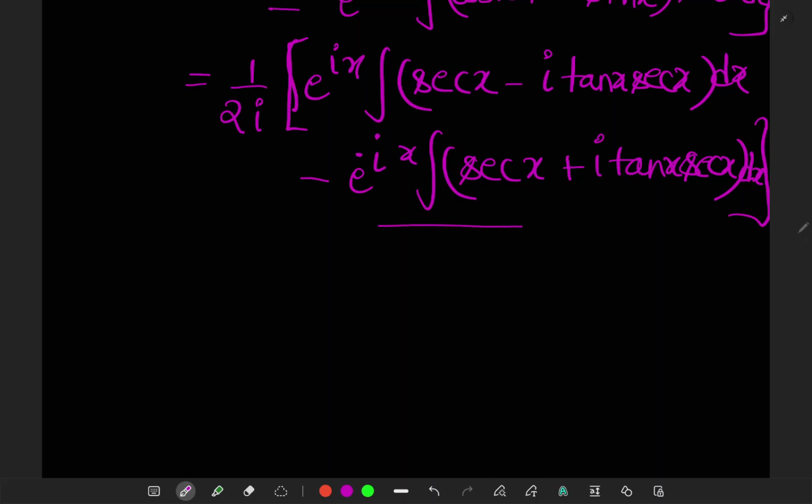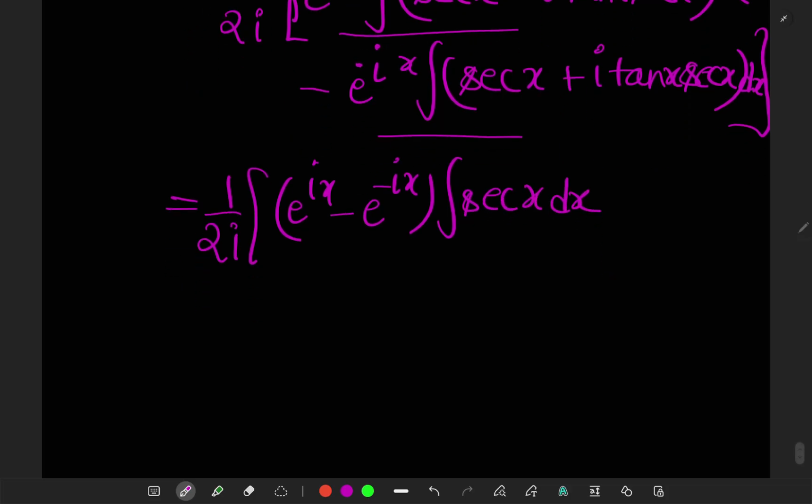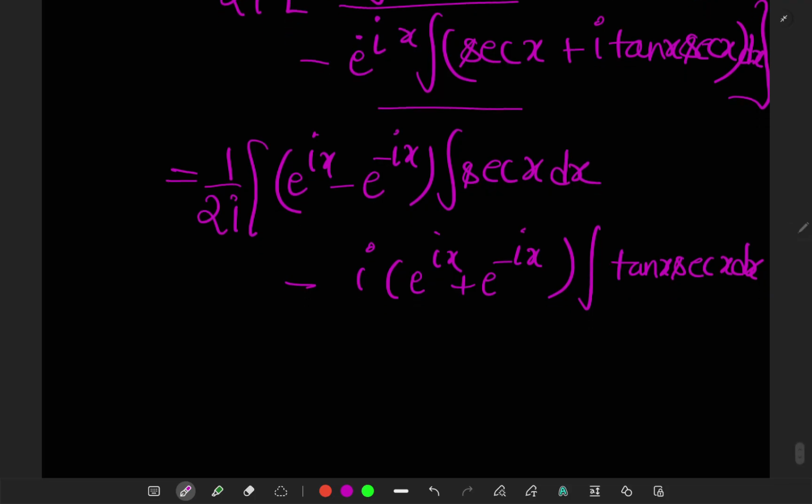Here in both integration of sec x is common and iota tan x sec x common, so we can write here like that, minus iota e raised to power iota x plus e raised to power minus iota x integration of tan x sec x dx.